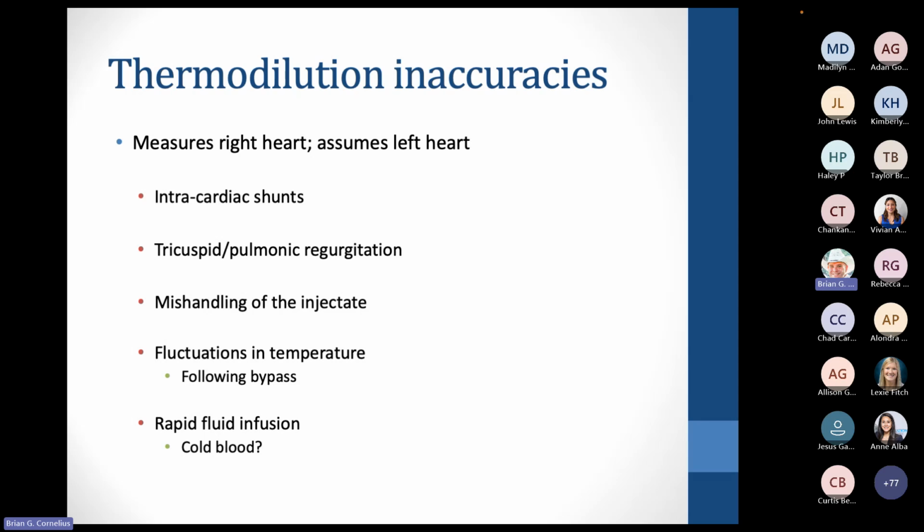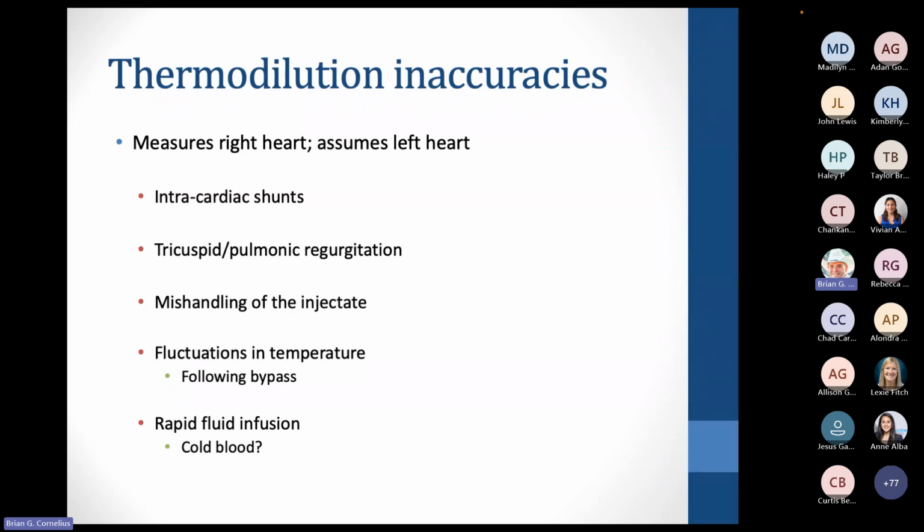So, problems with thermodilution, and part of the reason that we don't use it quite as often as we had before, in addition to the fluid issue, are things that may cause artificial values. If you've got any sort of intracardiac shunting, it can be problematic because you're not getting consistent flow. If you have any sort of regurgitation, it's going to alter the flow through the heart, so the temperature may be altered.